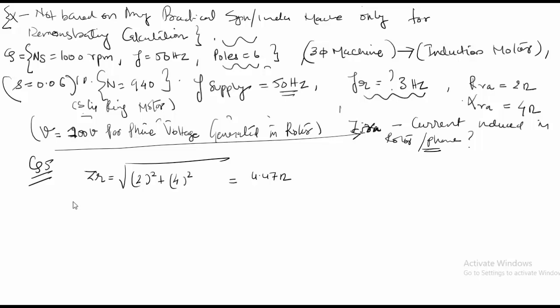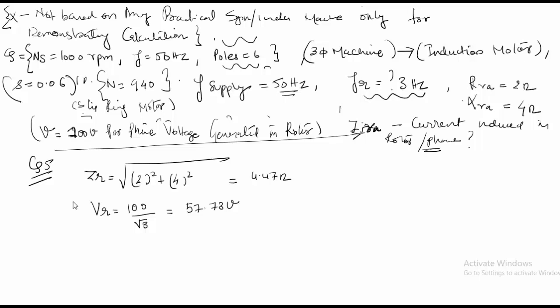And my rotor voltage per phase, if you're considering it measured between the two lines, will be divided by root 3, which is equal to 57.73 volts.